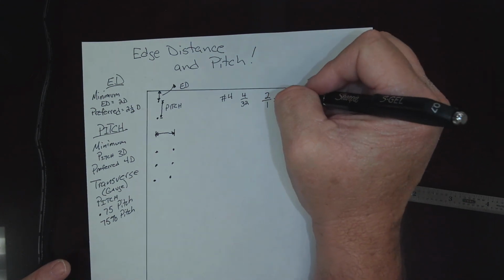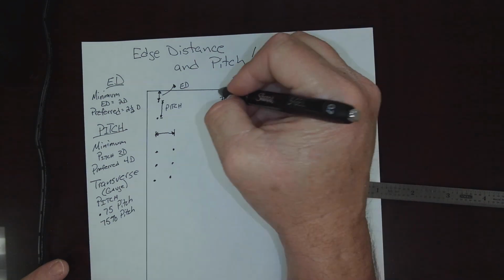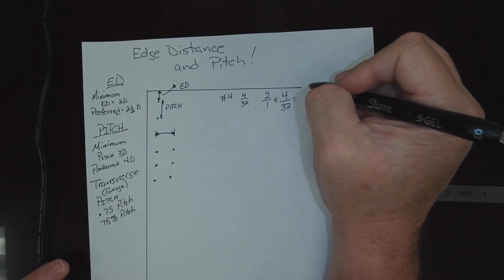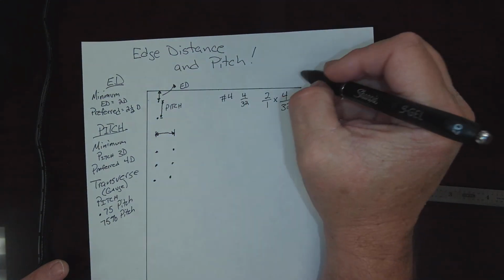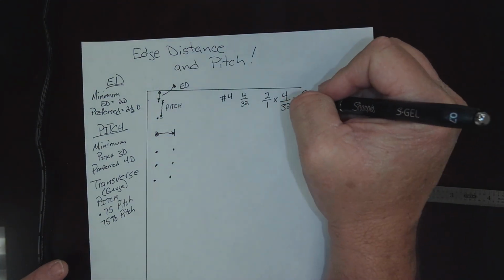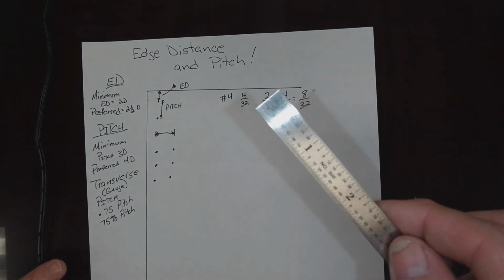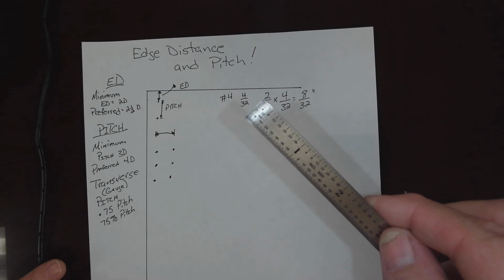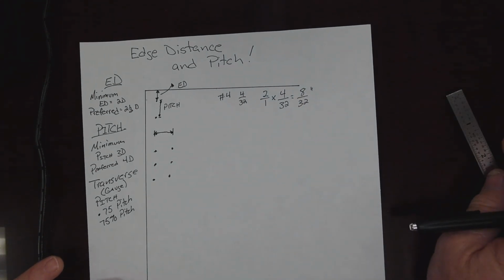That would be 2 over 1 times 4 over 32 for a number 4 rivet. So our minimum distance from the edge of the metal to our first rivet would have to be 2 times 4 is 8, 1 times 32, or 8/32. Handy dandy ruler has 32nds, so we could simply measure over 8 32nds.